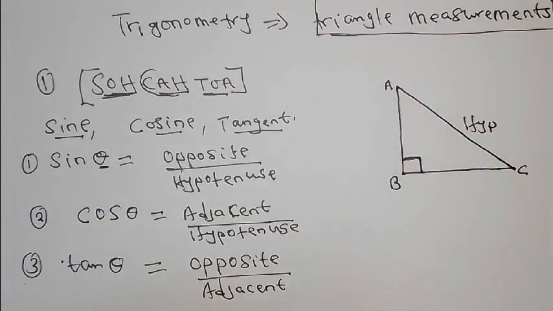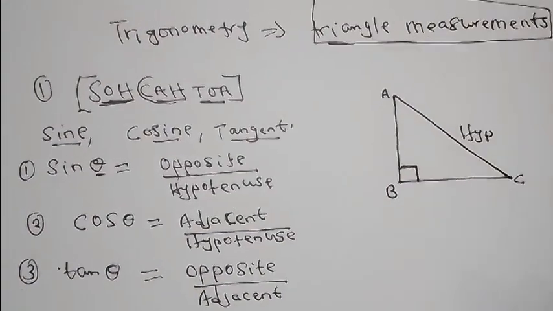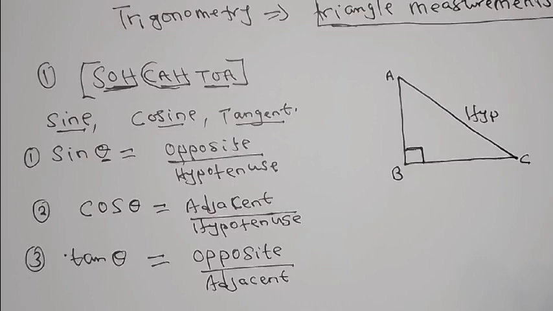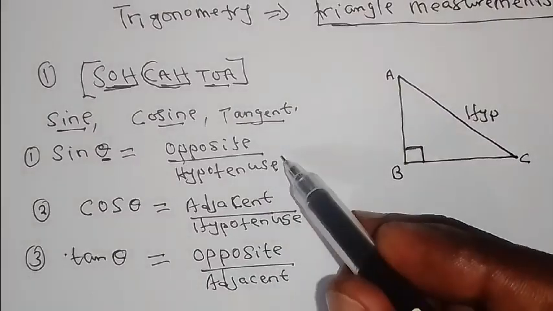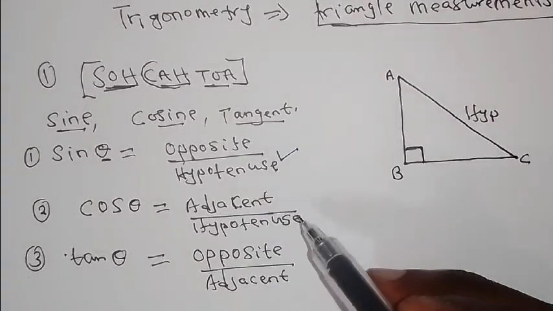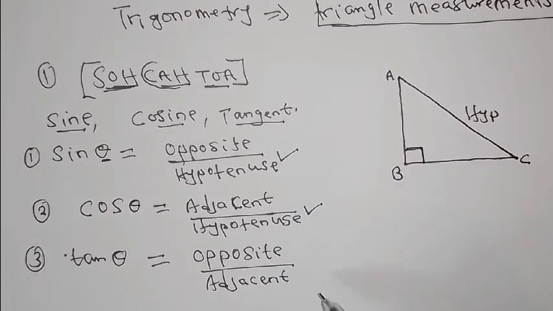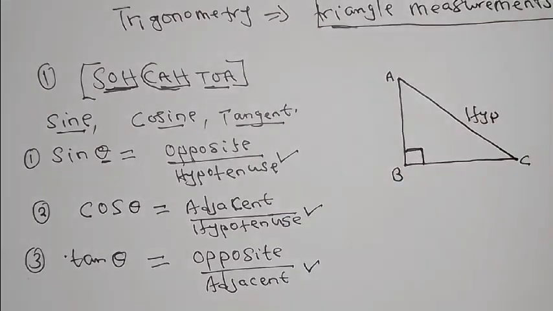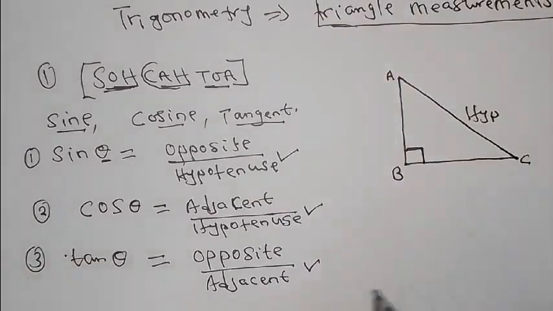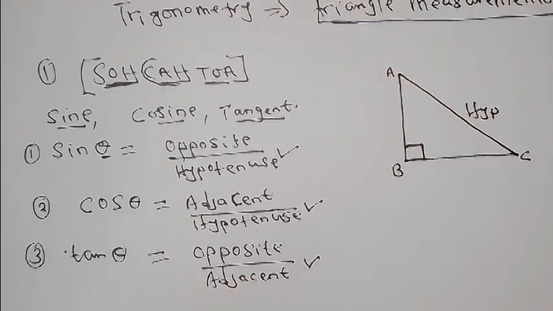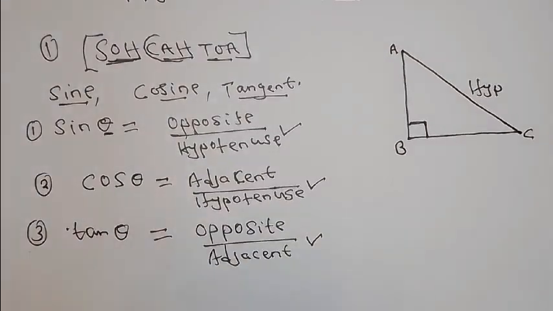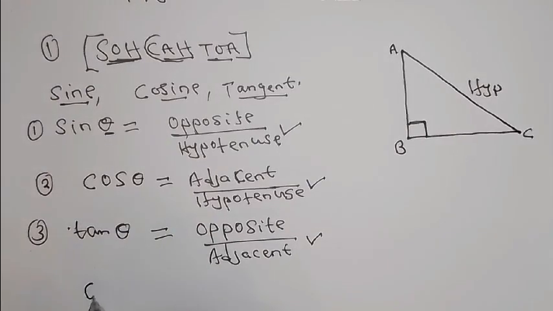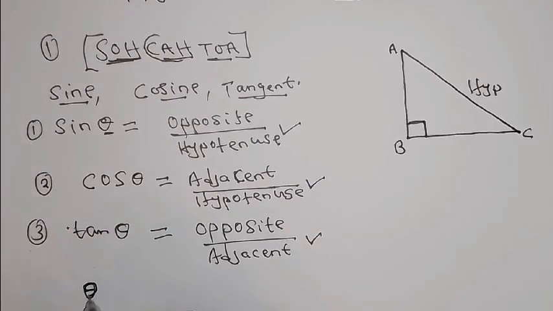Now when you look at these three, you have to understand when you should use the sine, when you should use the cosine, and when you should use the tan. What determines which one you are going to use is you need to start with the theta.